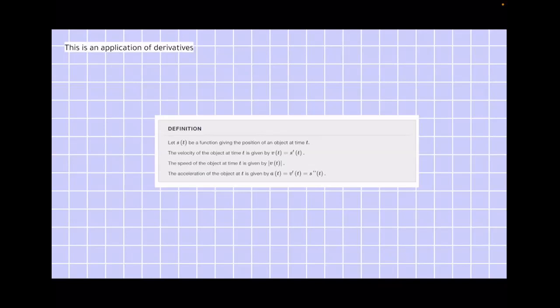That relationship is that the velocity is the derivative of position, and acceleration is the derivative of velocity. Or, in other words, the acceleration is the second derivative of the position. One thing to note is the speed of an object at a certain time is given by the absolute value of the velocity. It will never be negative.